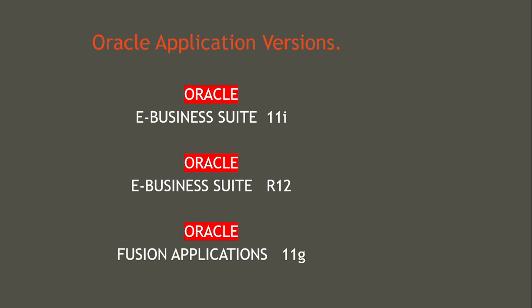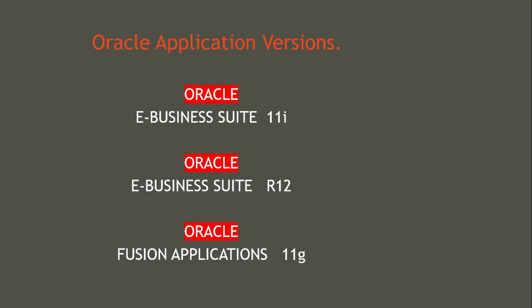So, Oracle application versions. When Oracle started, they started with Oracle E-Business Suite 11i, and these different versions come due to changes and additional features at the time of release. All this is for the purpose of improving experiences and giving relevant business application processes.